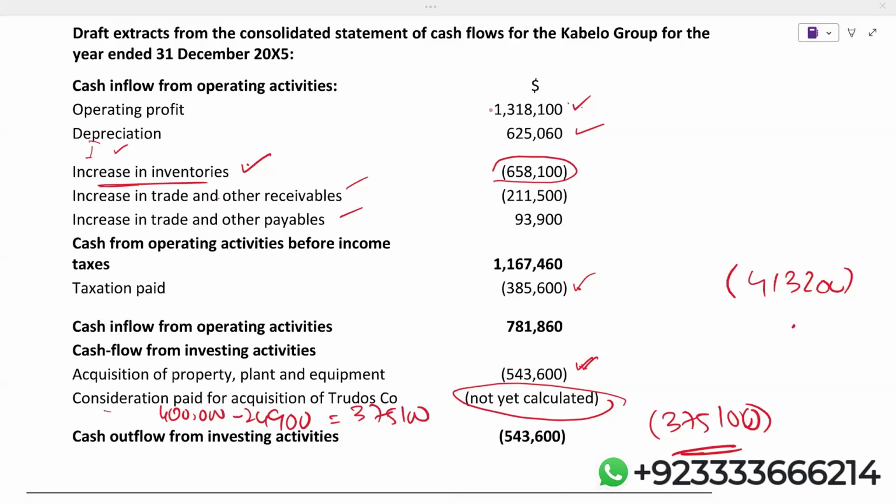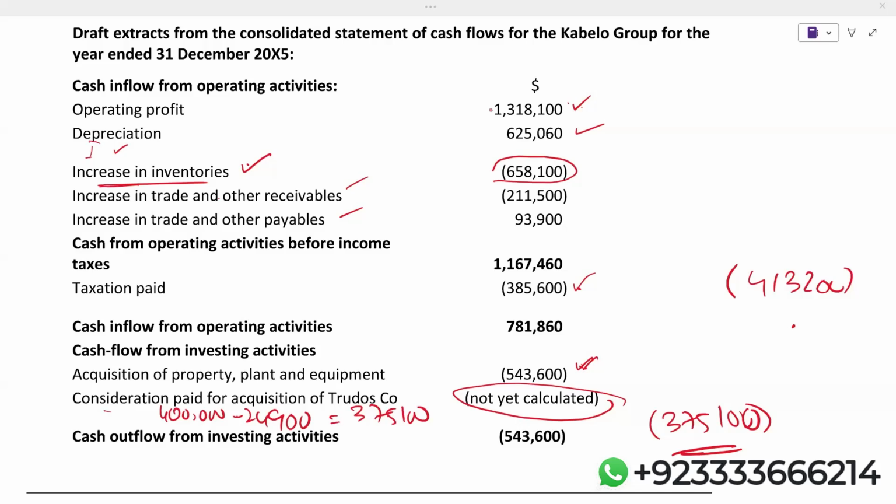Whatever the total closing inventory is, I know one thing, that closing balance is 6,58,100 more than the opening inventory. And when it comes to receivable, which is 2 lakh 11,500, I'll say the closing receivable is more than opening, and the amount is 2 lakh 11,500. Payable is also more. So it means closing payable is more than the opening payable.